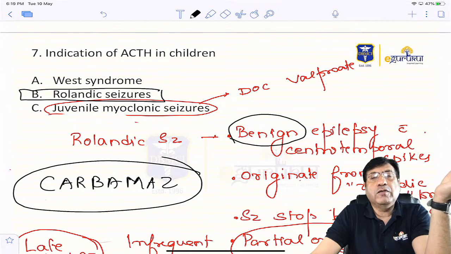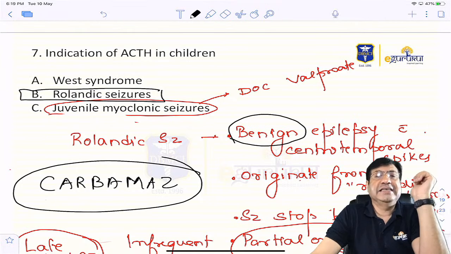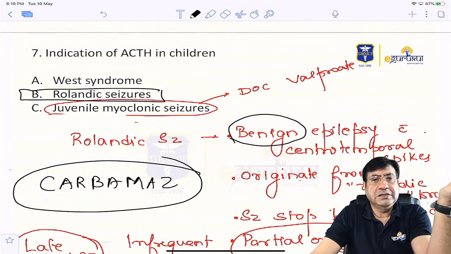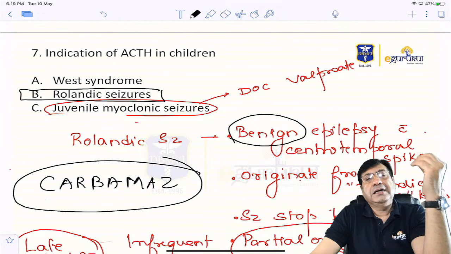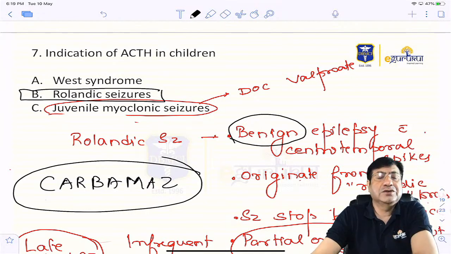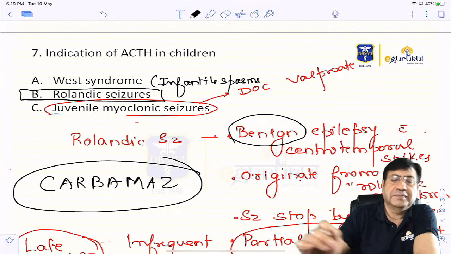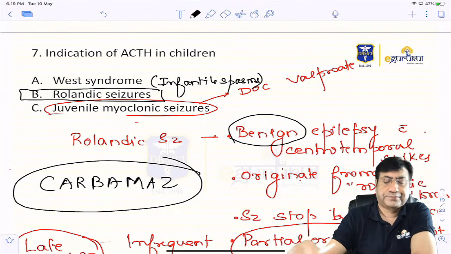For juvenile myoclonic epilepsies, you use valproate. West syndrome, ACTH is the best first line drug. I did not know the fourth option, but ACTH, you should always link it with West syndrome, or rather, infantile spasms are sometimes called West syndrome.